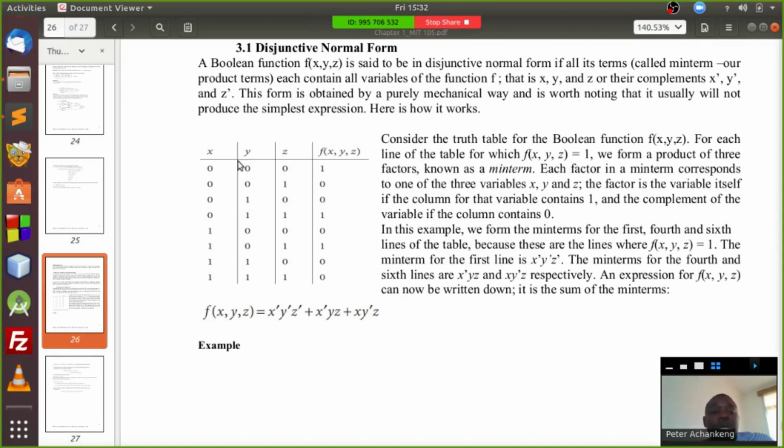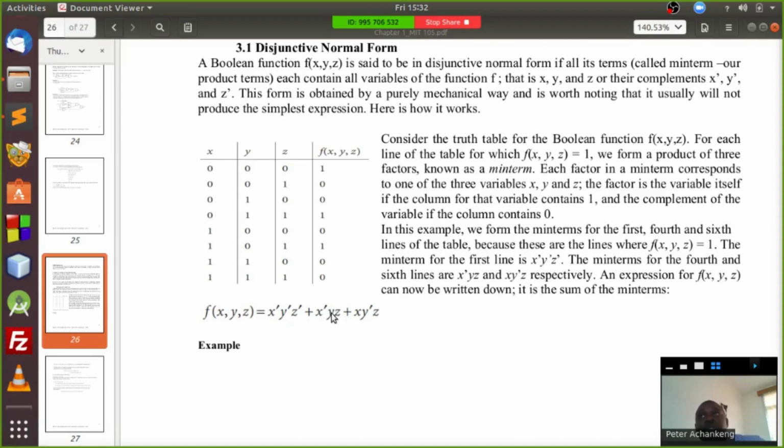Because the bottom line is that you want to have 1 as the output, which means you need to prime the x so that you have a 1. Multiplied by y prime and also multiplied by z prime. Now the contribution from the second mean term, which is actually the fourth row, is x prime y z.